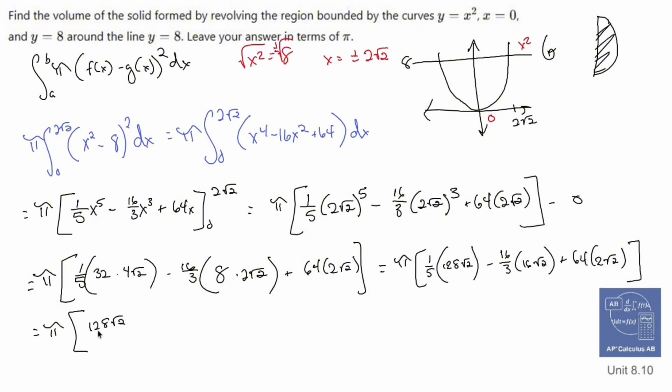That's 128 root 2 over 5, minus 256 root 2 over 3, plus 128 root 2.